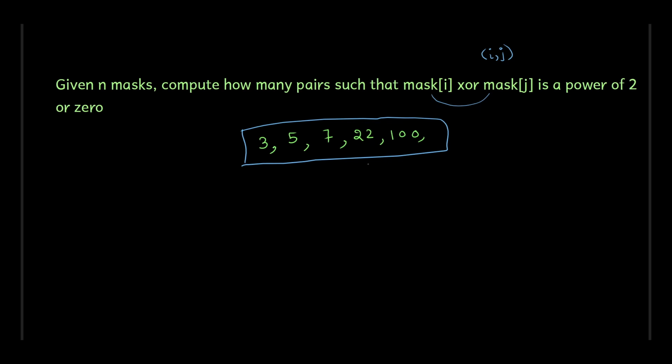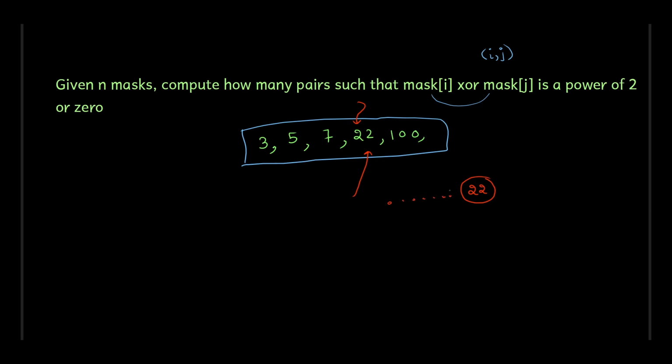For example, this 22 will always be paired with something on the left-hand side, not the right. If j is the index pointing at 22, how many left partners, how many i's, are possible?